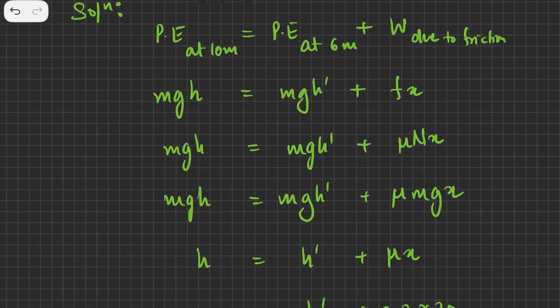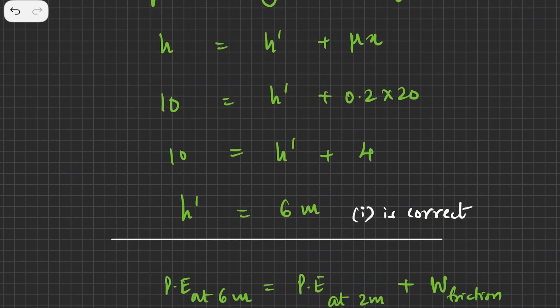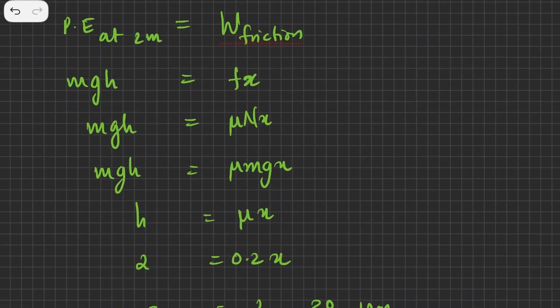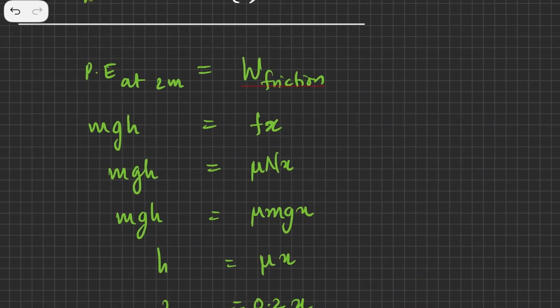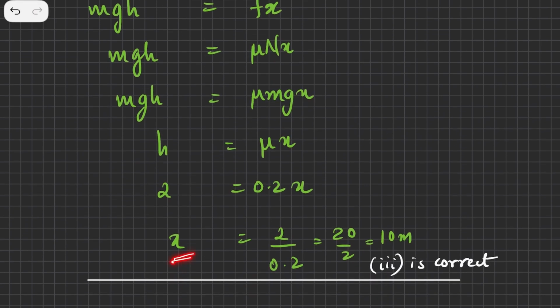So now it implies that the distance up to which the ball is going to roll is at this point. Now the fourth option is that the ball finally comes to rest at the midpoint of QR. If you have done 1, 2 and 3, then you can understand that the ball is not climbing any height. You got x equal to 10 meters.